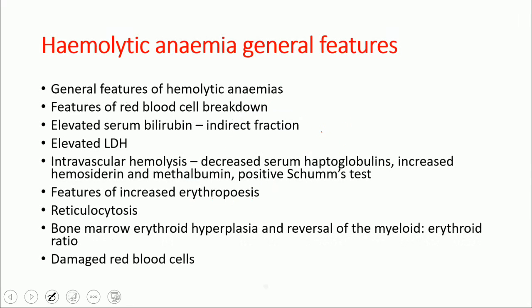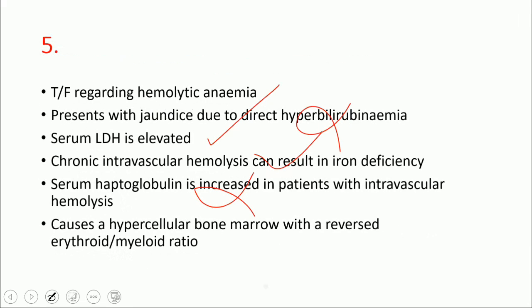Finally, another important test that is not in this MCQ is reticulocytosis. So in hemolytic anemia, your body is trying to compensate for this hemolysis by producing more and more immature red cells, pushing them out into the circulation. So this can cause an increase in the reticulocyte count and index, right?